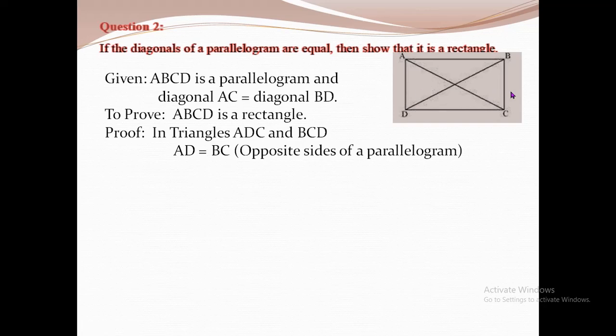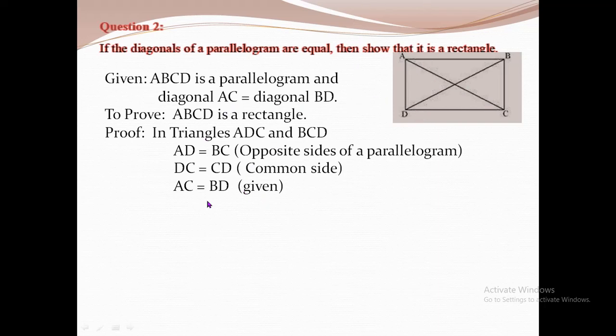Next, we have DC in triangle ADC, which is the same as CD in triangle BCD because it's a common side. DC is there in this one and also in this one. Therefore, it's a common side. Then we have AC equal to BD, that is given.